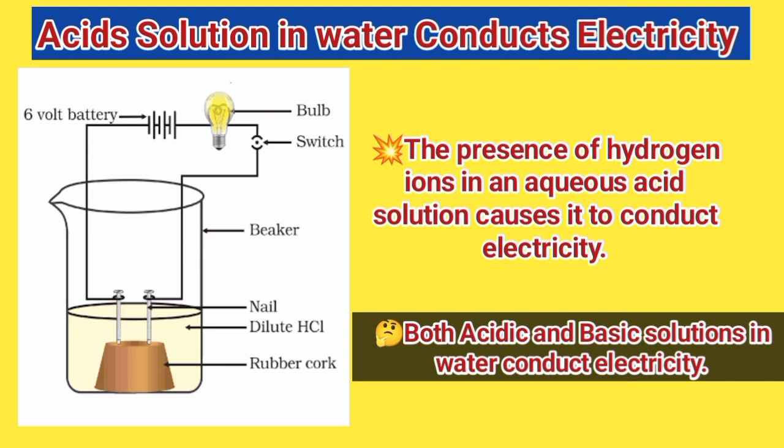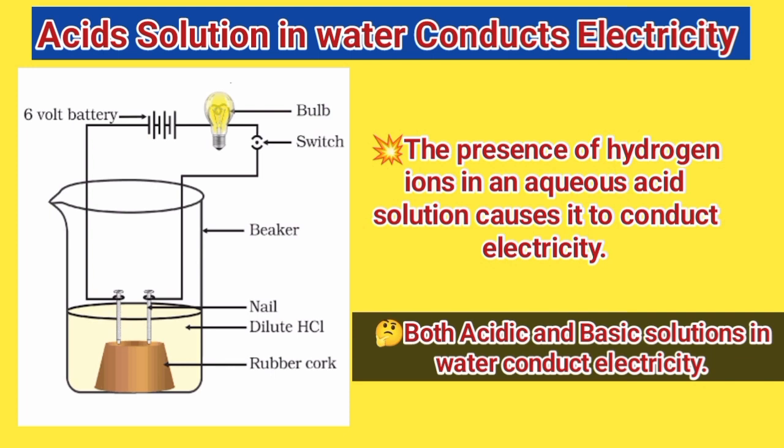We stir it for just 5 minutes. After that we see the bulb is glowing. So finally we detected that acid solutions in water conduct electricity, and basic solutions in water also conduct electricity. So both acidic and basic solutions in water conduct electricity. Why? Because these are all ionic compounds.